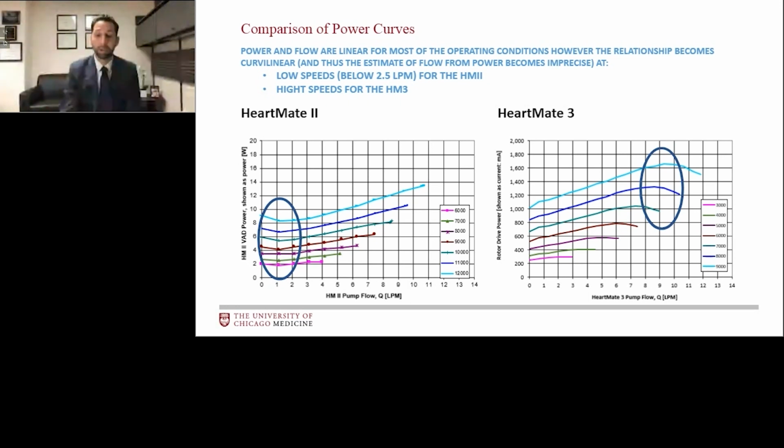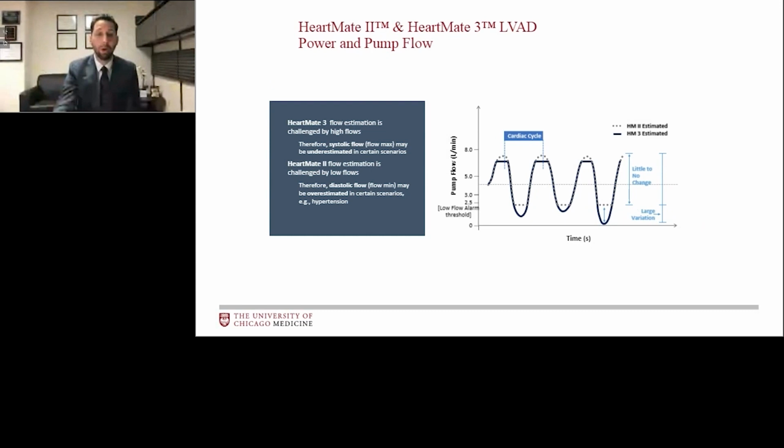So, putting everything together, this is how the HeartMate 2 and the HeartMate 3 interpret power and estimate flow in different regions of the spectrum. Let's focus on the dotted line, which is the HeartMate 2. You can see that the HeartMate 2 is able to nicely pick up high flows. You see a nice curvilinear aspect of the flow estimation, even at high flows.